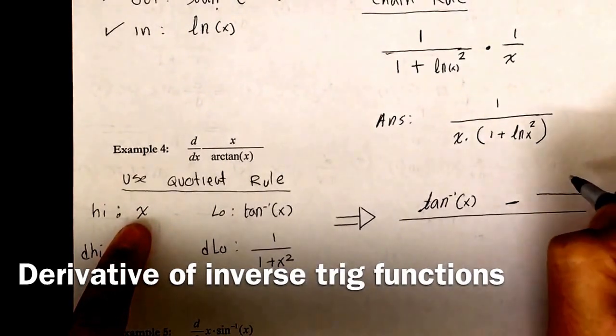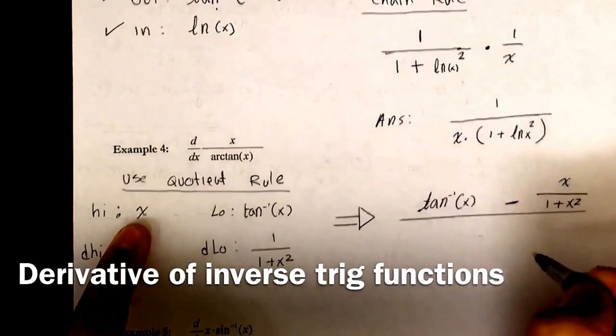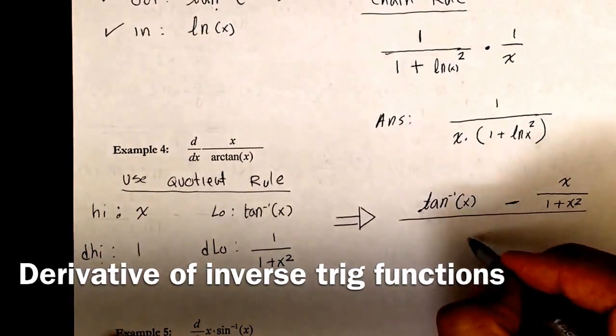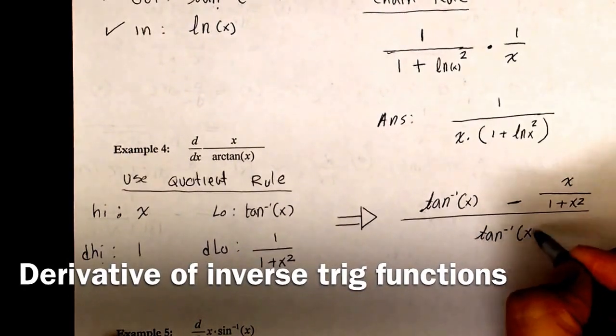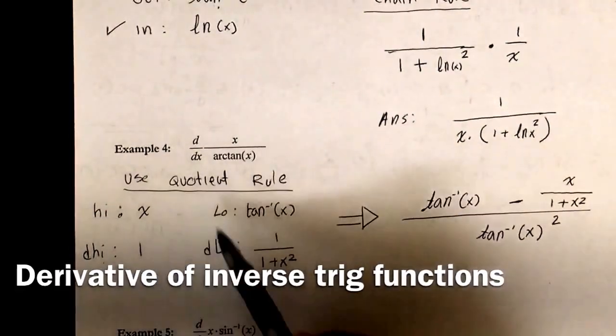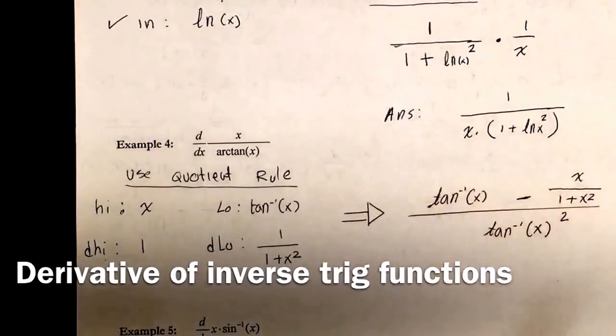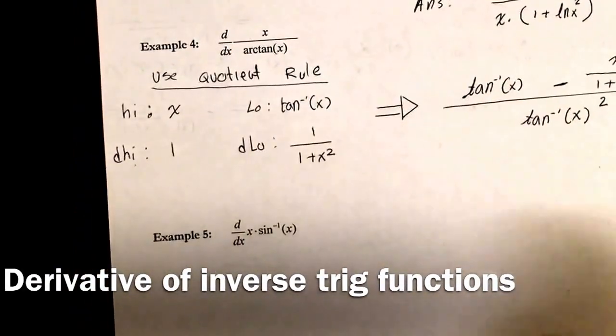If you multiply those together, you're going to get something like this, over low square. So this is low, and then we square it, and we're done. That's the derivative. This hopefully makes using the quotient rule easier than just to memorize the formula.